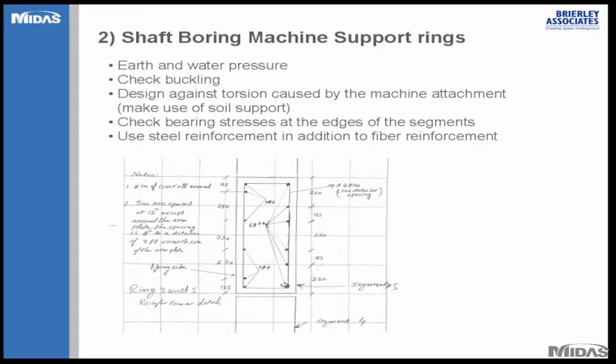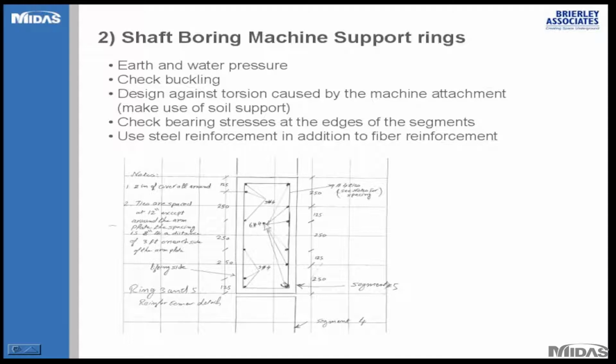And so the main design consideration for these two rings is torsion, because the load is applied at the edge via the steel blades. So you need to design it for torsion, and also look again at the forces coming from the earth and water pressure, and check again the bearing stresses, which is always a concern because of the relatively thin segments here. But you don't end up with heavy reinforcement.